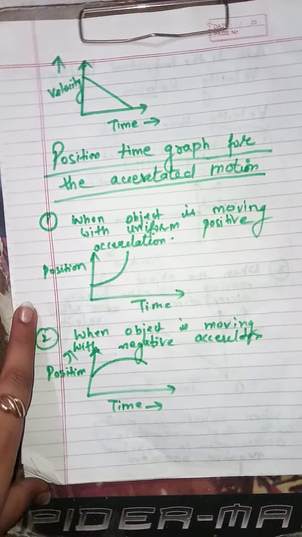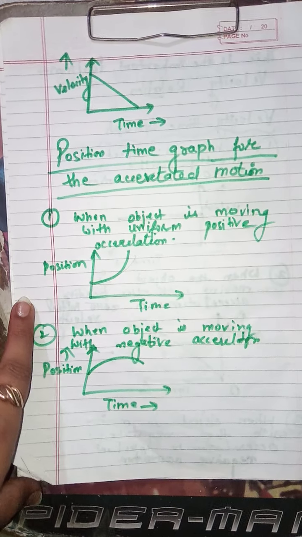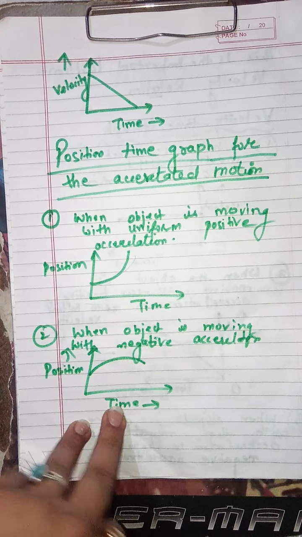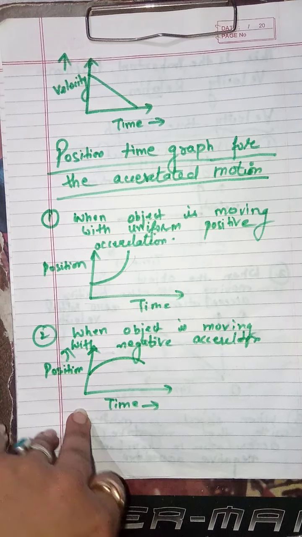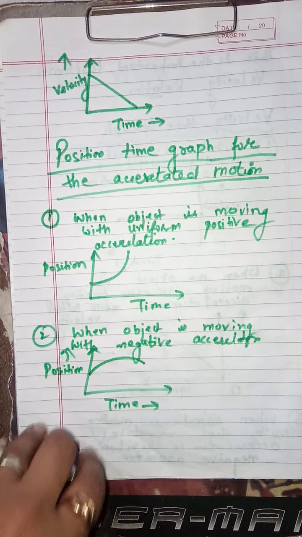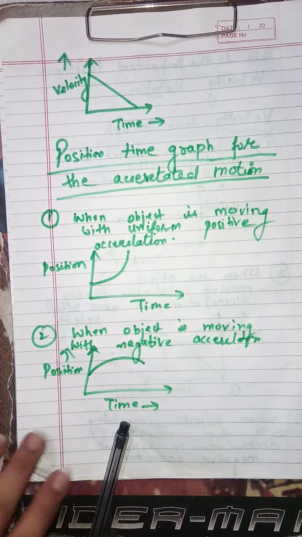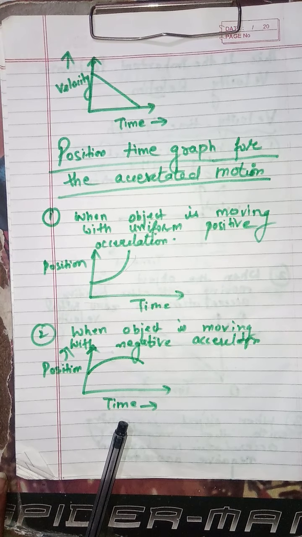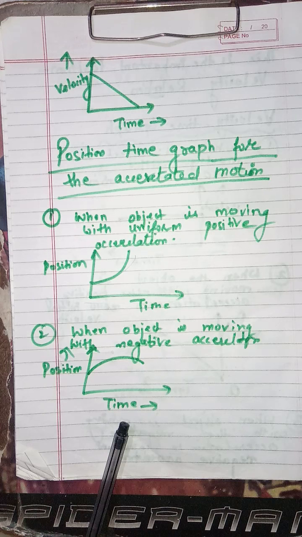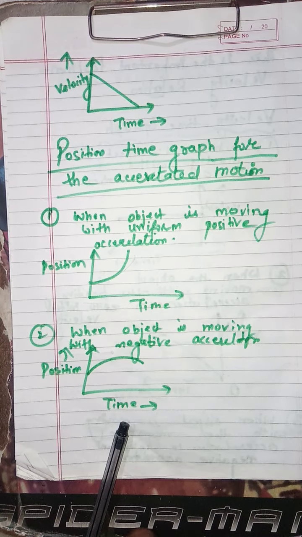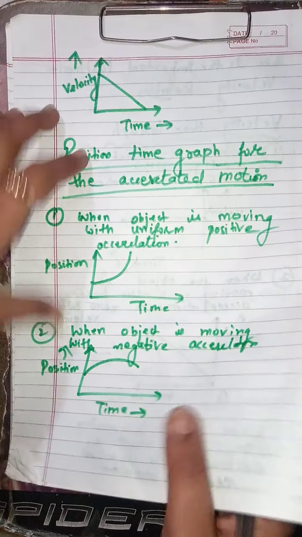Both the cases are different. These are our position time graphs and the other ones are our velocity time graphs. These graphs have come from a lot of readings, analysis and theories, and we have reached these important graphs.